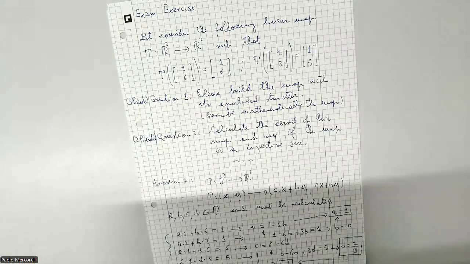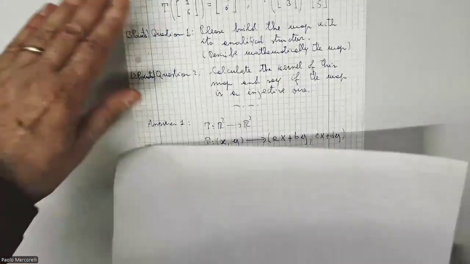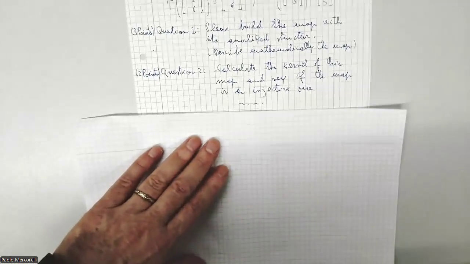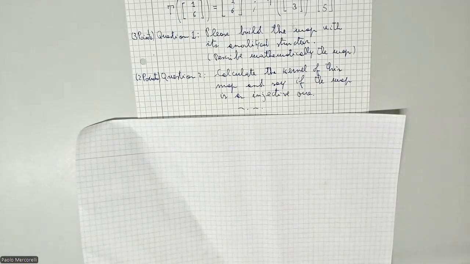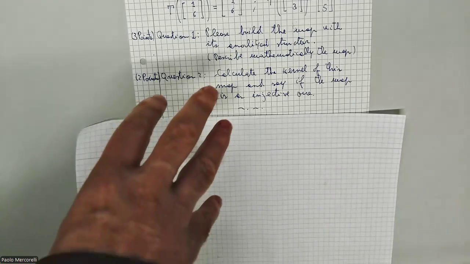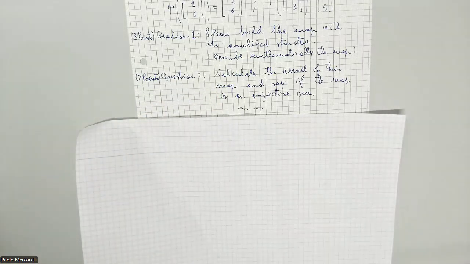Then we have two questions. The first question is, please build the map with its analytical structure. Describe mathematically the map, basically. The second question is, calculate the kernel of this map and say if the map is injective or not.